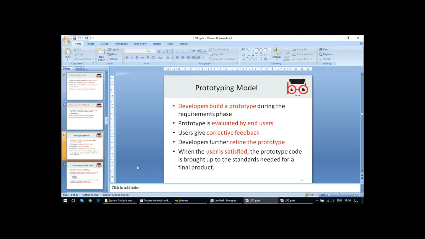The idea behind the types of models is given in these, like prototyping, V-shape, and waterfall. There is one more, the spiral model. So I think we will discuss it in the next session, and we will have sufficient time.